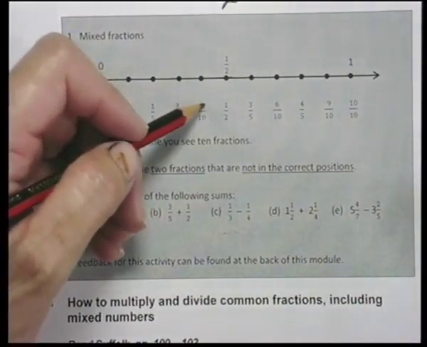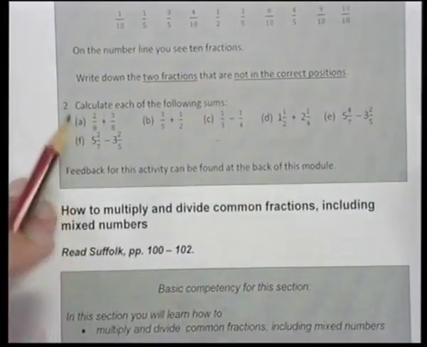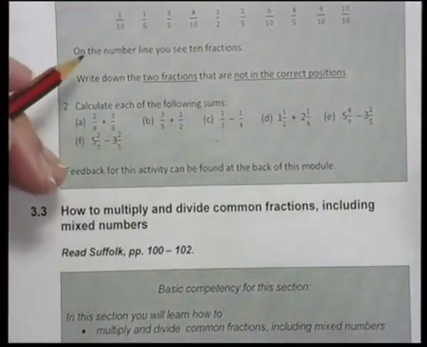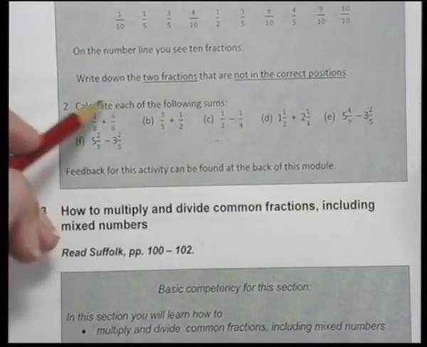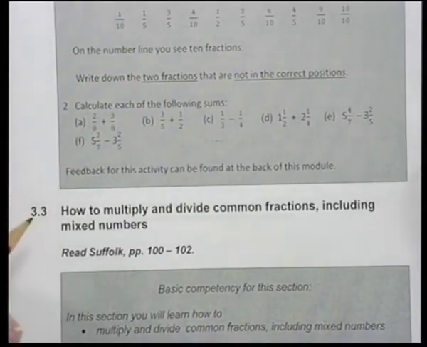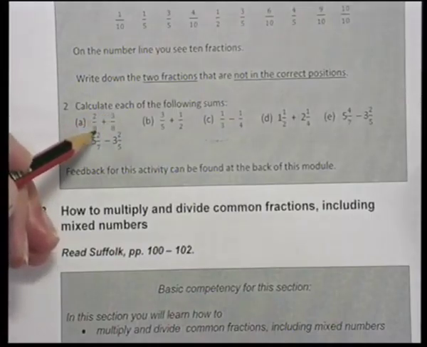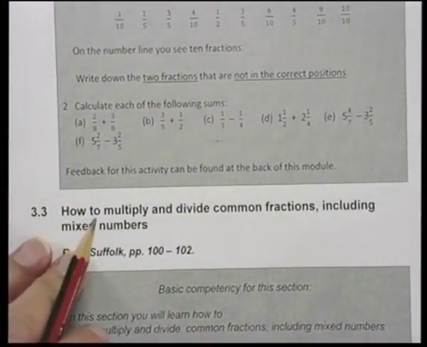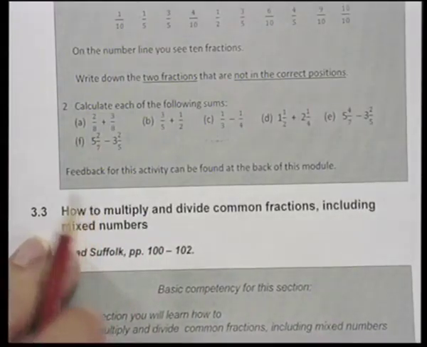I think there's a half. On this number line, you can see 10 fractions. Calculate each of the following sums, 2 and 3/8. So we can see it is 5/8. And if you work from the mixed fractions number line, you can add those numbers up.